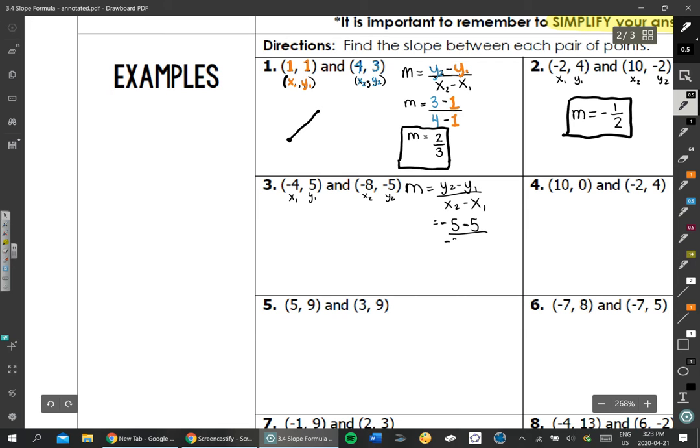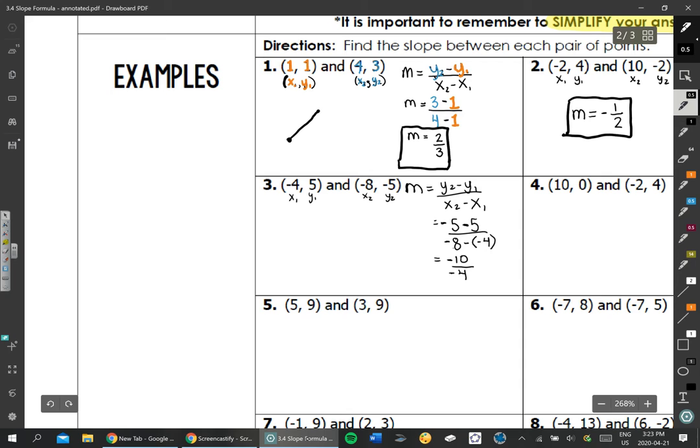X2 is negative 8, X1 is negative 4. So negative 8 minus negative 4. Our numerator becomes negative 10. Our denominator becomes negative 8 plus 4. So that leaves us with negative 4.